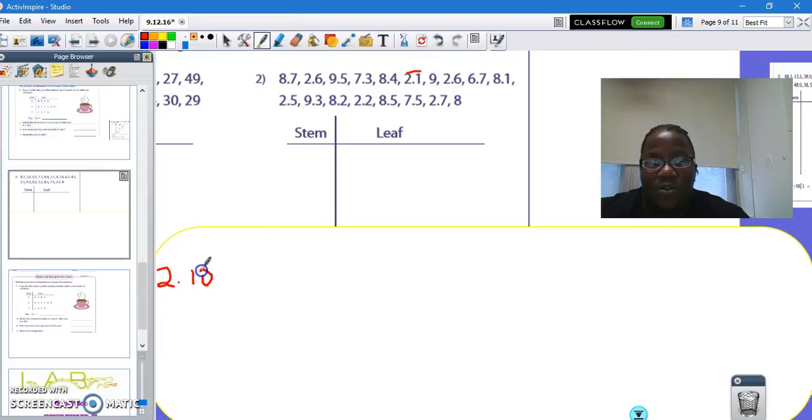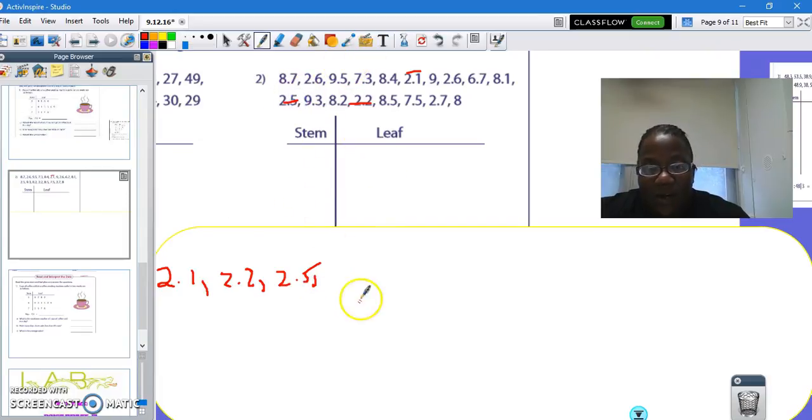So here we go. 2.1. Actually, you don't have to put a 0 in. 2.1 and 2.10 are the same thing, right? And then your next one is a 2.2. There we go. And then, y'all have to excuse my handwriting with this mouse. You know how it goes. And then 2.2. Then I have a 2.5.